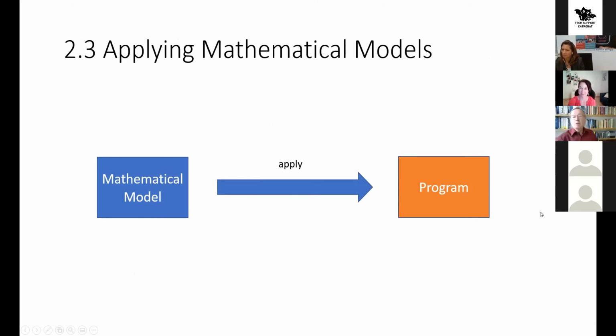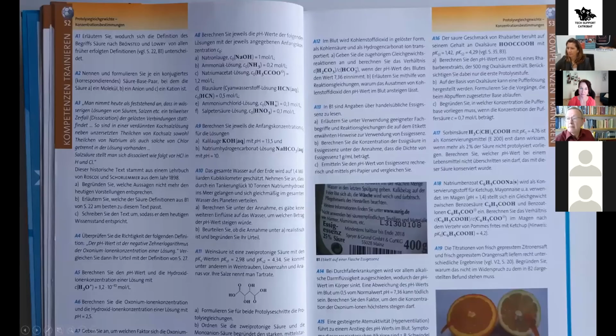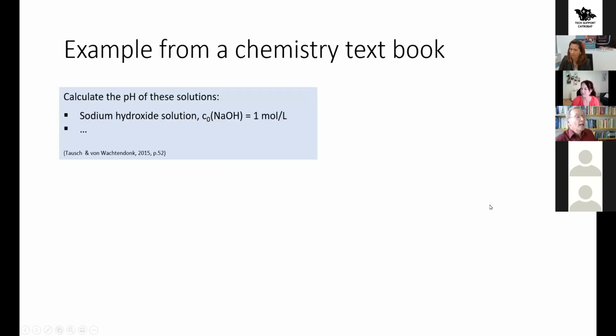This is a German chemistry book, and you see there are many problems, many tasks where you have to calculate something. The term "berechne" appears in many places. I just pick one task. You have to calculate the pH of a solution. What happens when you solve this task? You write down some knowledge, the definitions of pH and pOH.